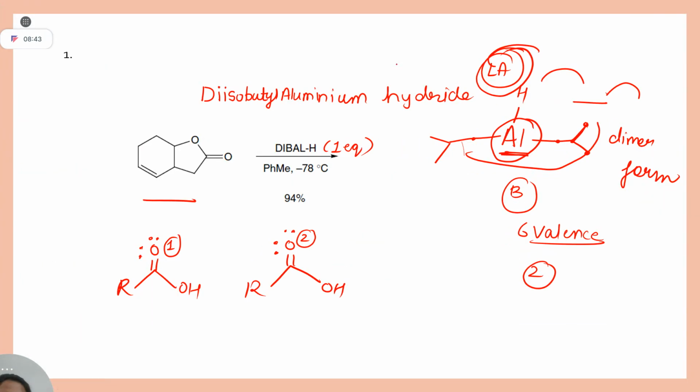So what I was explaining is that I was asking, among these two oxygens, which is more Lewis basic. Now you should remember this fact: according to Lewis acid-base theory, anything which can donate its lone pair is Lewis basic.